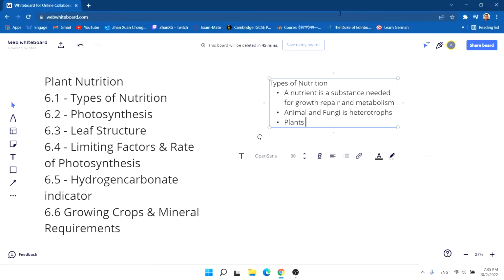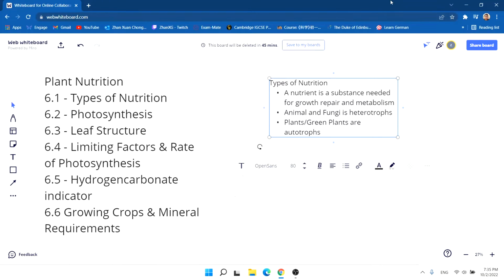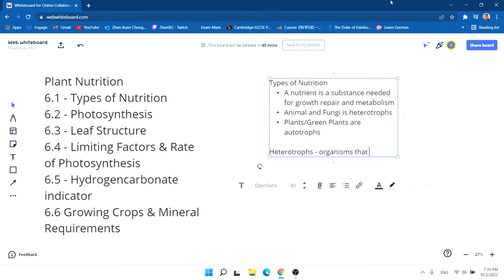Green plants are autotrophs. Heterotrophs are organisms that eat other plants and animals.